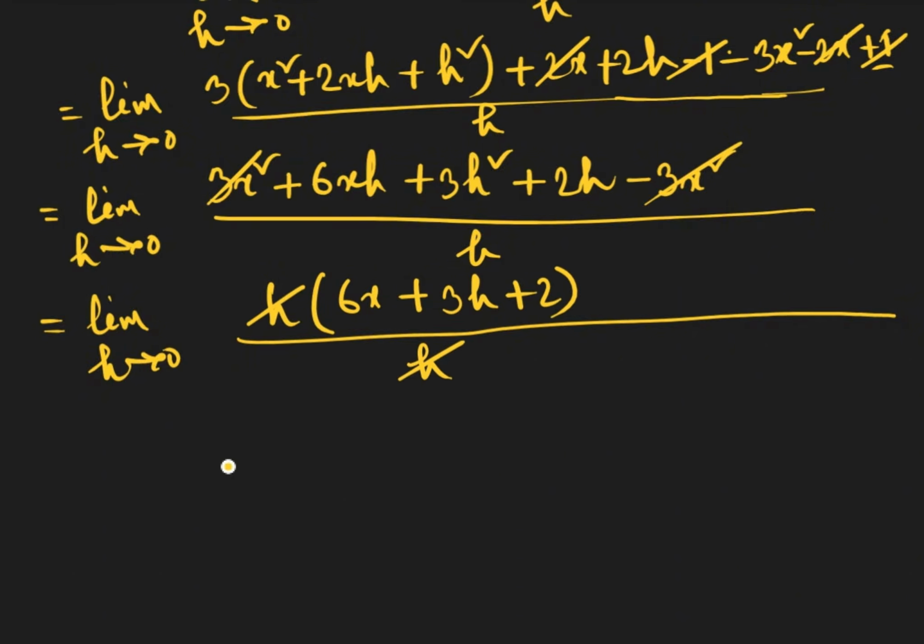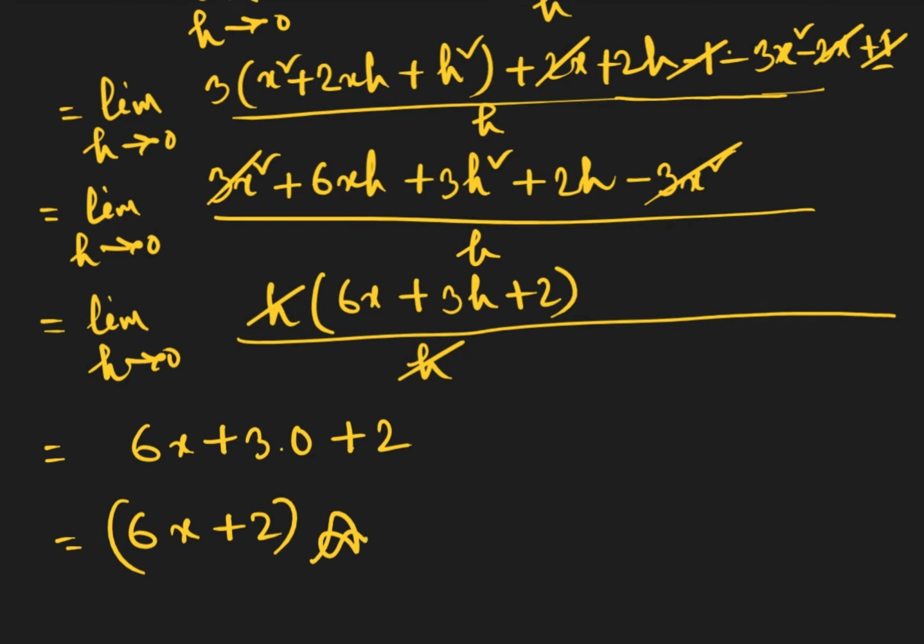So the h's cancel out each other. Now it's time to plug in the value of 0 instead of h, because the limit is h tends to 0. So here will be 6x plus 3 times 0 plus 2. So the final result will be 6x plus 2.